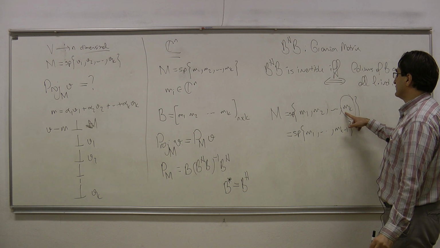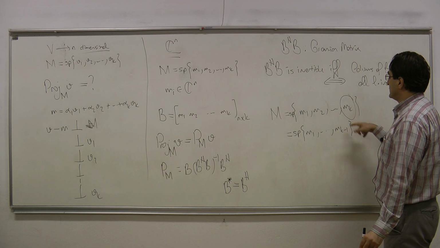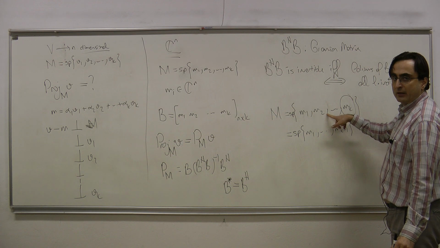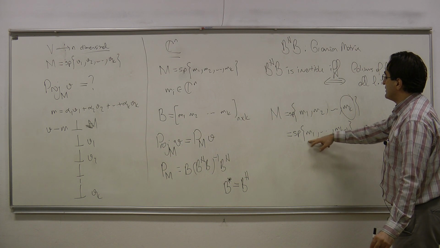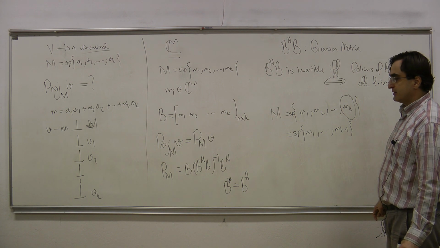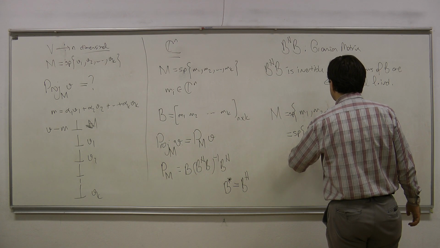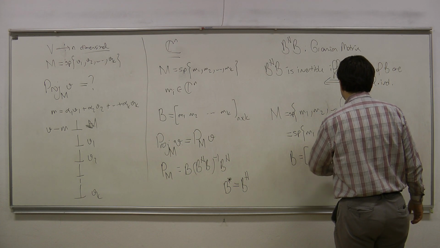If one of the vectors is not linearly independent of the others, then I can remove it and this span will be exactly equal to the original span. And suppose that when I remove it, all vectors are linearly independent. Then I form my B matrix out of those linearly independent vectors, m1 to mk minus 1, as the columns.